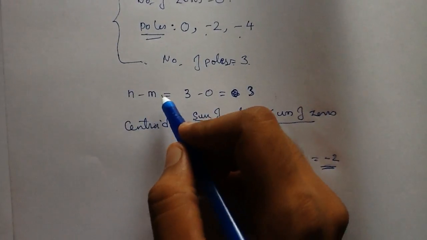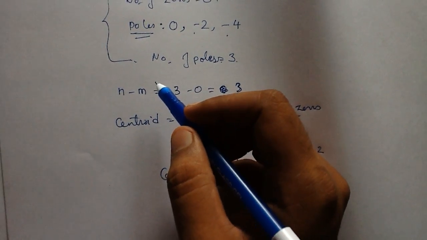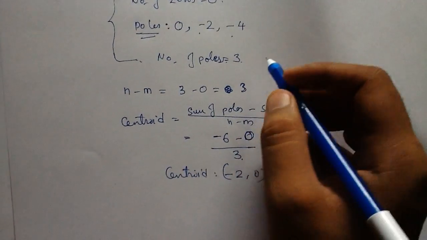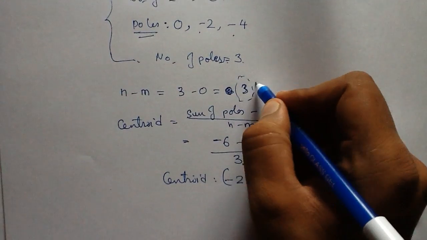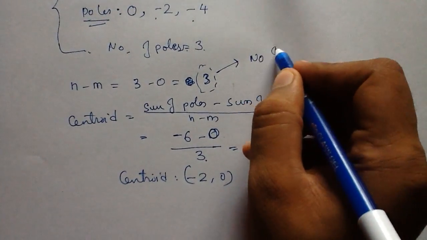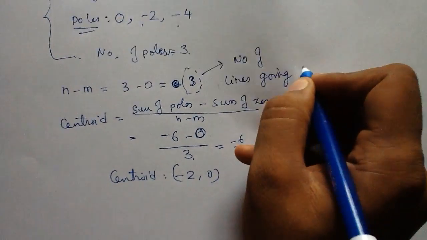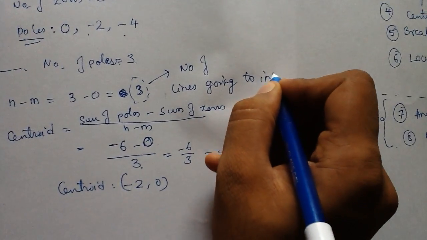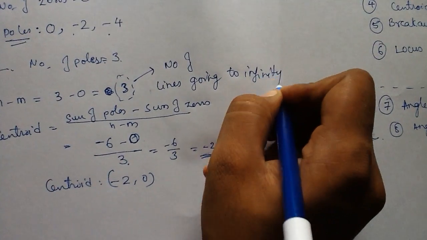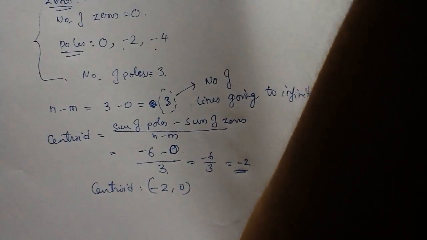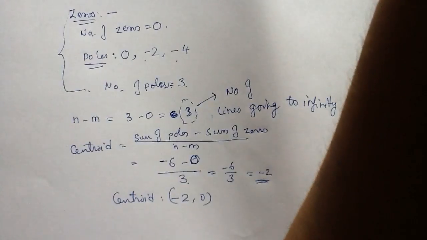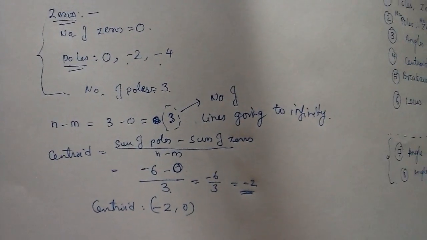So n minus m is not just an indicator of the number of poles minus the number of zeros, it is also an indicator of the number of lines going to infinity. If you remember, in the root locus, the branches of the root locus go to infinity.